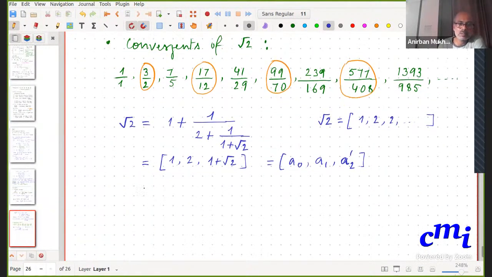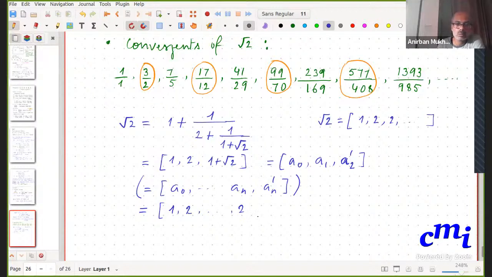Now we can simply repeat this process, and if you write a_n, then you would have this a_n dash. That's the way we write any continued fraction, maybe put it in brackets. What we would get here is 1, then a chain of n 2's, and then 1 plus square root of 2. The same pattern goes.